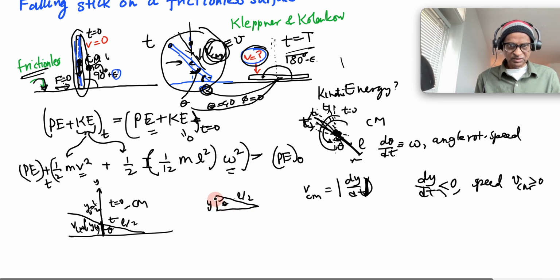So here y over L over 2 is cosine theta.